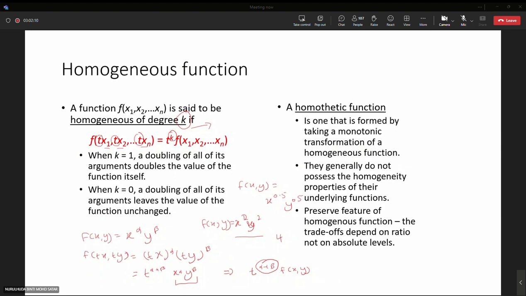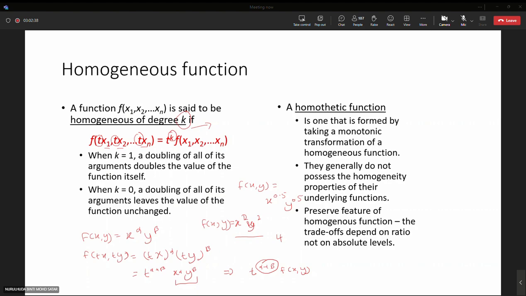Finally we have this homothetic function, right? It's a function where we take the monotonic transformation of a homogeneous function, as noted by Snyder and Nicholson.